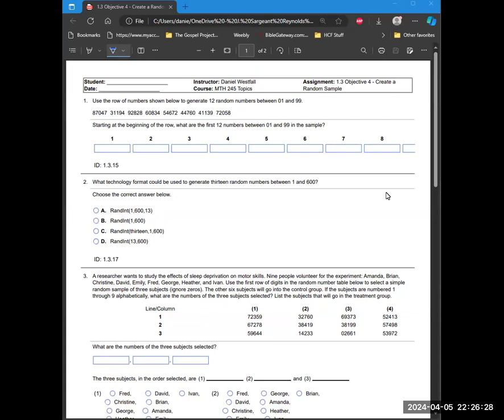These are broken into groups of 5, but we want to generate 12 random numbers that are between 0 and 99. So we want 2-digit numbers. So we're going to split these numbers here into 2-digit numbers.